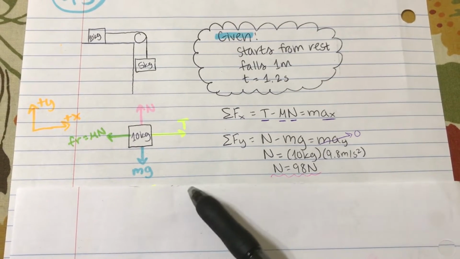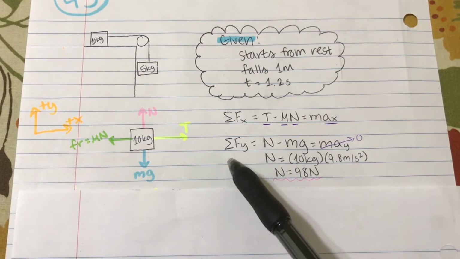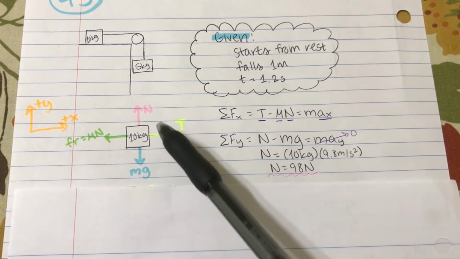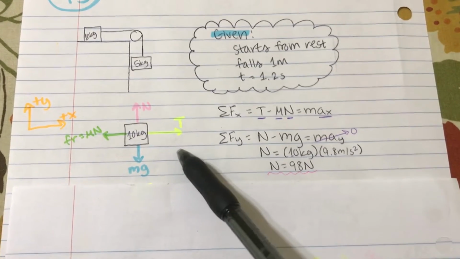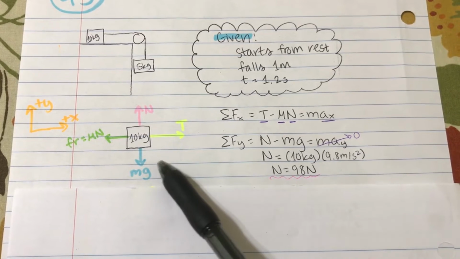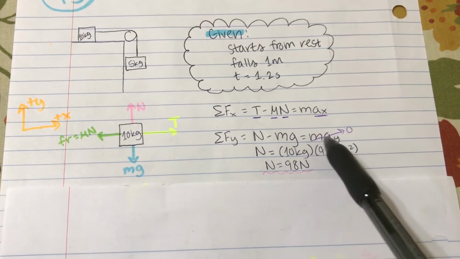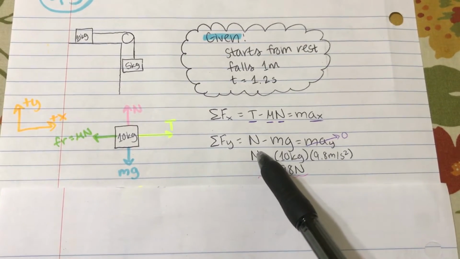Next, let's solve for the y component of force. So we have, in the y, the normal and the mass times gravity, which is the weight. Since the object is not moving in the y direction, it makes sense that we put m times acceleration as 0, because without motion, you can't have acceleration.